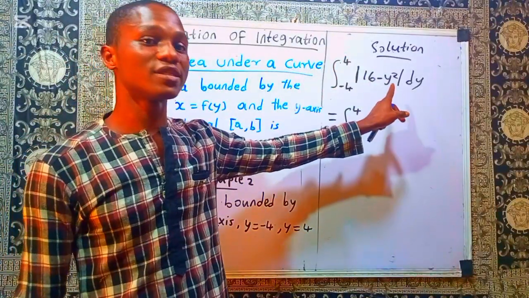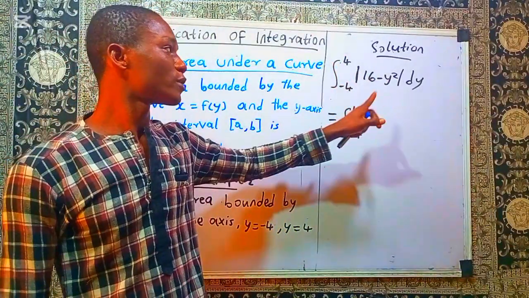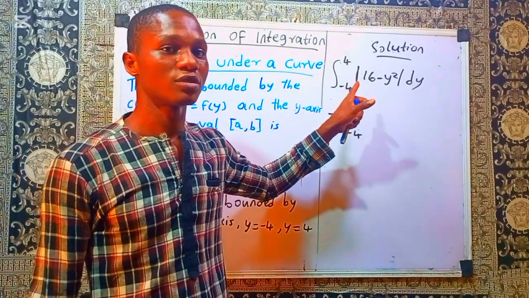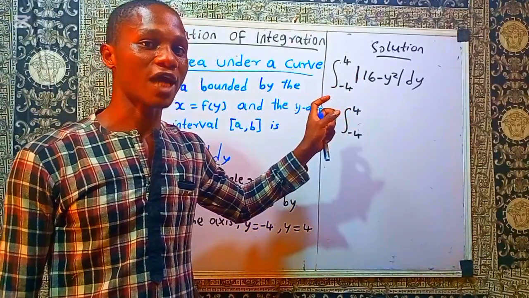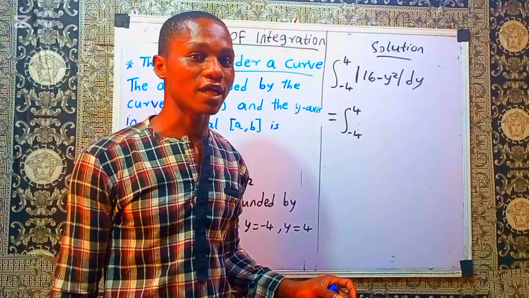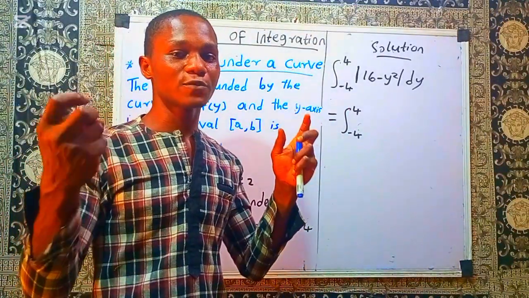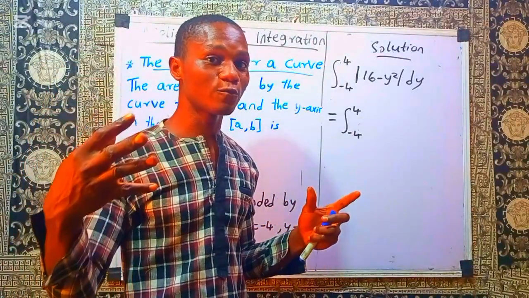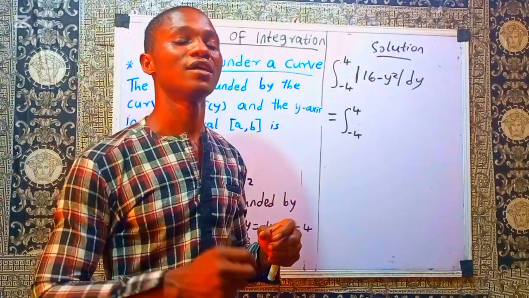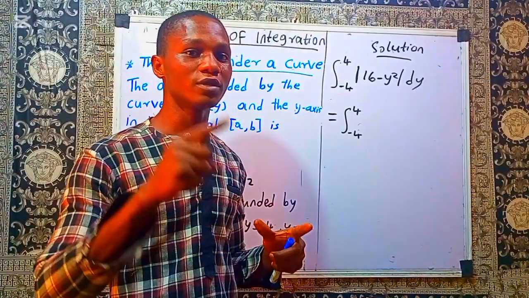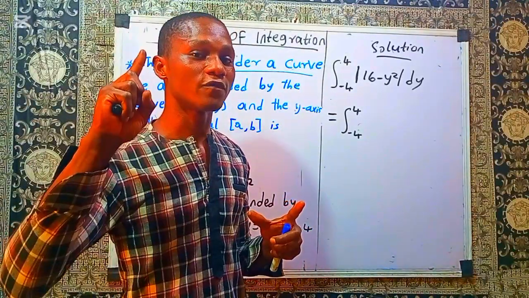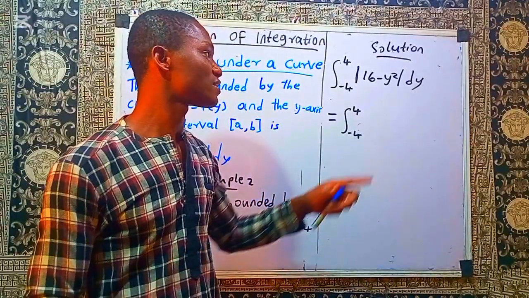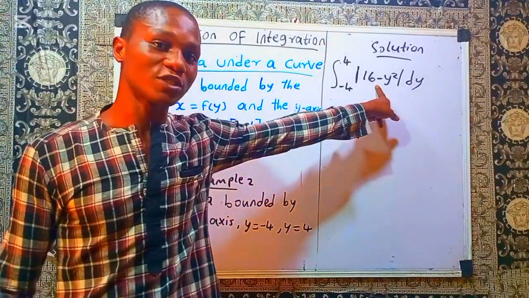Had it been that the function is negative within the interval, we would have introduced a minus on the function. And when we introduce minus on the function, you can now remove the absolute value. Why? Because if something inside the absolute value is negative, then the absolute value of that negative quantity is negative of that very quantity. Because if you do minus of a minus of a number, you are going to get a positive number, because absolute value cannot be negative.